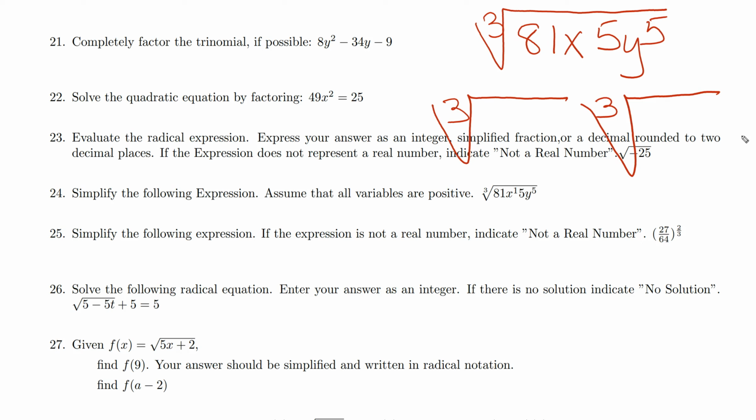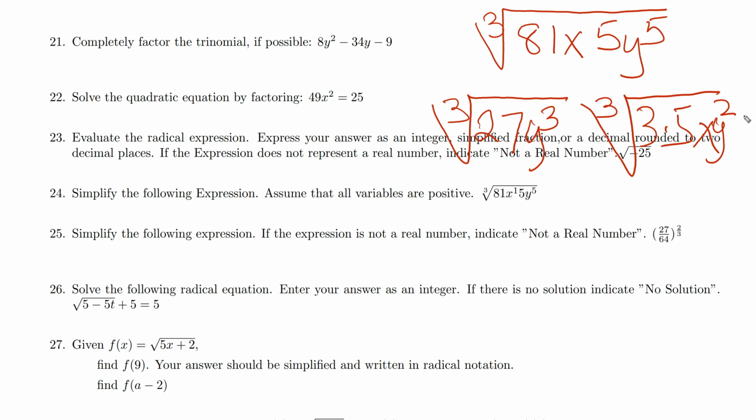So 3 to the 3rd is 27 out of there, and I'm left with a 3, and then there's a 5. Strange how they put this. The x is not. Now, the perfect cube factor of y to the 5th is y to the 3rd, and I'm left with y to the 2nd over there.